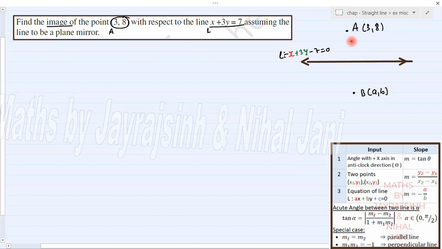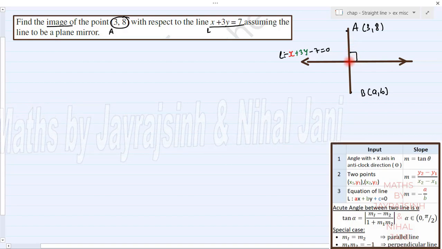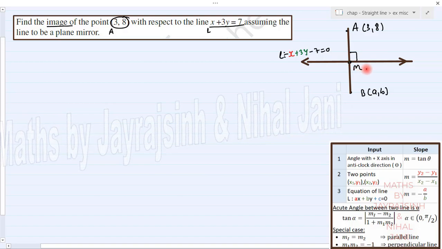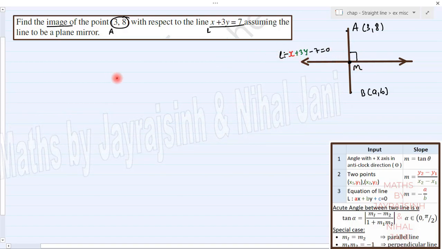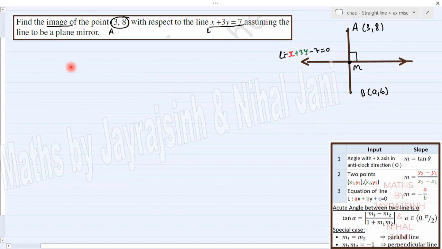So we can say AB is perpendicular to line L, and its midpoint M is on line L. So here we get our two required conditions, and we have to find the value of B.